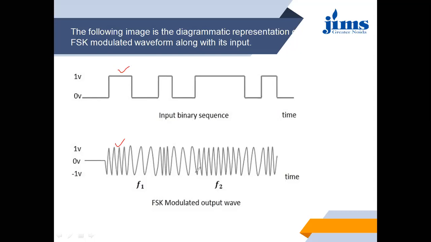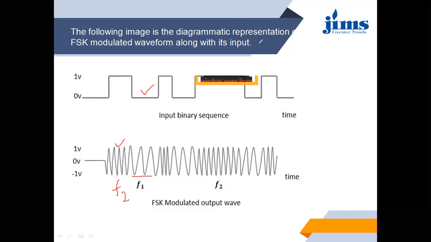Let's say this frequency is denoted by F2. It is some frequency shown by F2. And when the binary data is low, when your input sequence is zero, the carrier has a different frequency, which is F1, sorry, F1.